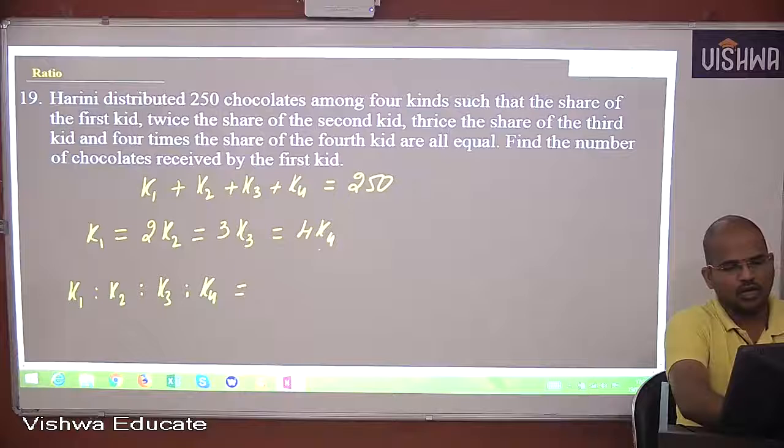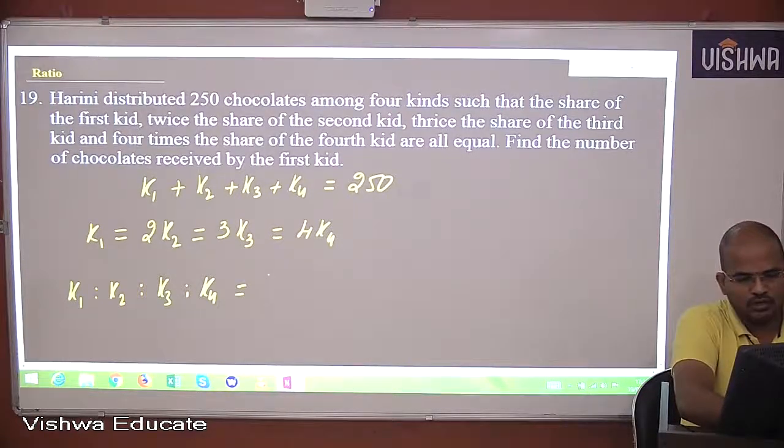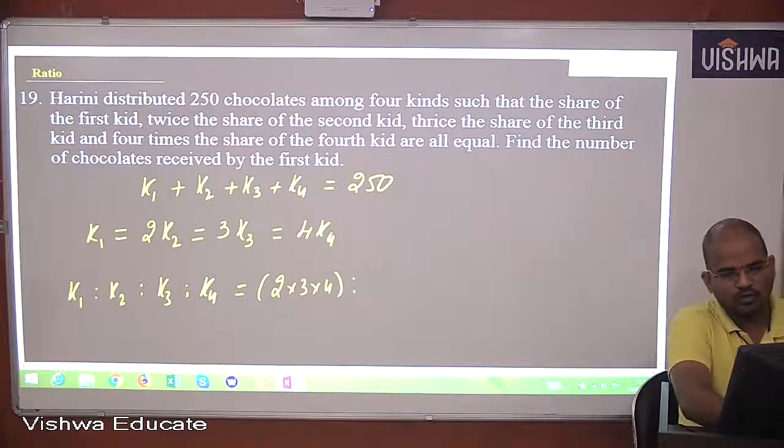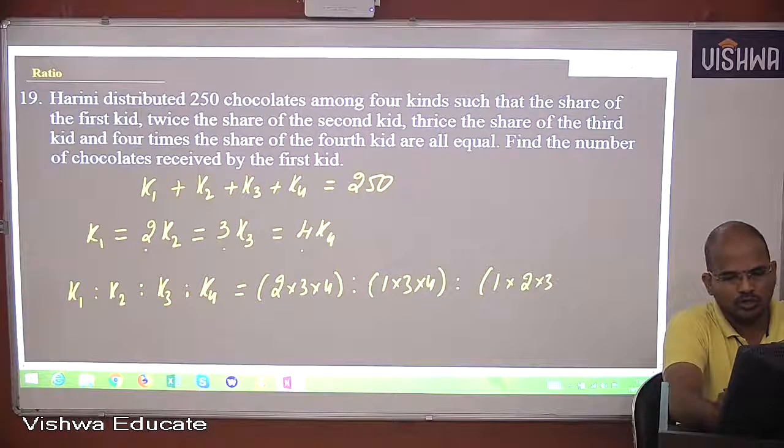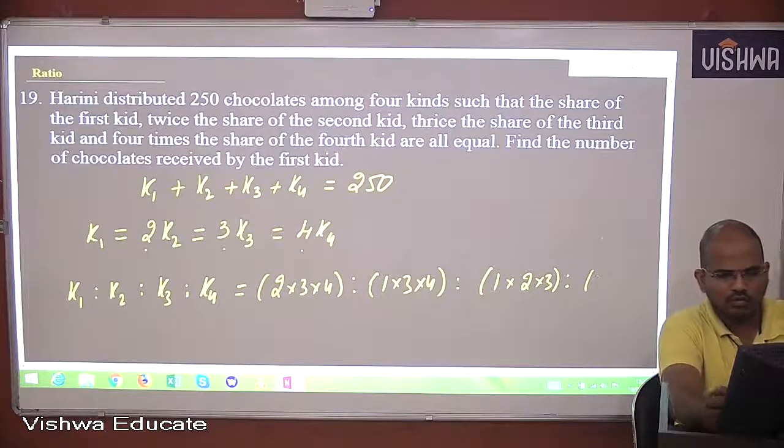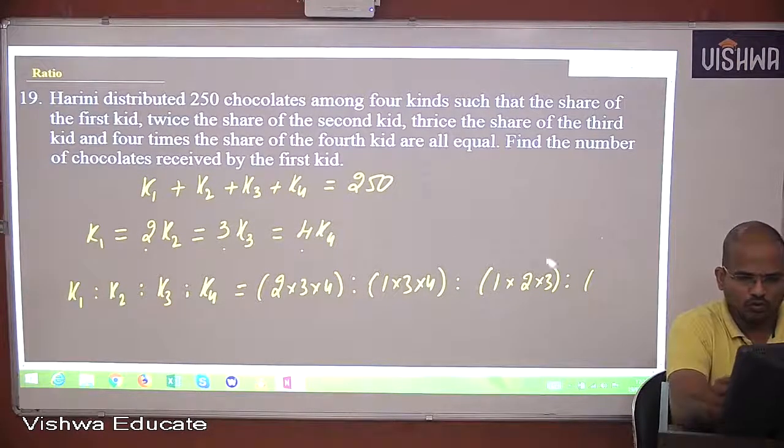To calculate K1, it is 2 into 3 into 4. For K1 multiply 2, 3, 4. For K2 multiply 1 into 3 into 4. For K3 it is 1 into 2 into 4, not 3.